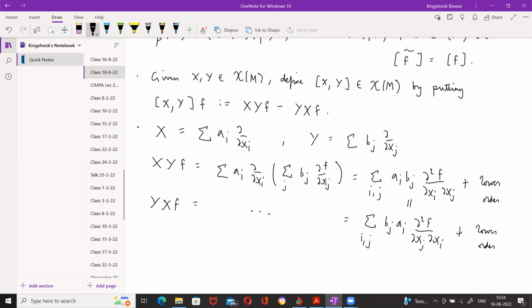Okay, so I'll just say that you can take products of vector fields. If I take a product X1 to Xn, this will be an nth order differential operator.